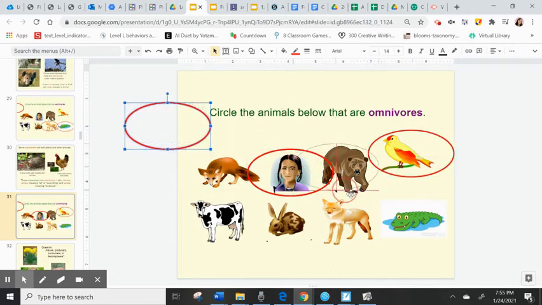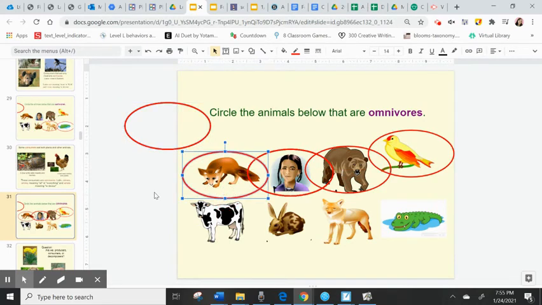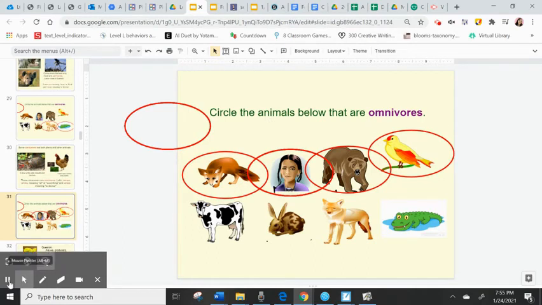The bear, which eats fish, berries, honey. And the fox, which eats birds, berries, is an omnivore, then you're correct. These things eat both meat and plants to get their energy. That's why they're called omnivores, or everything eater, omnivore.